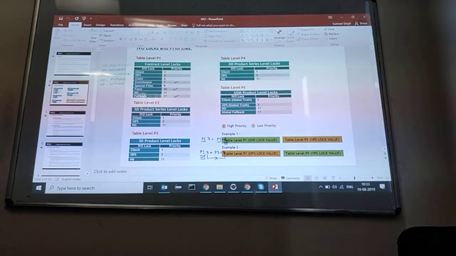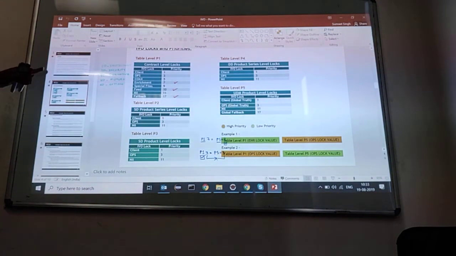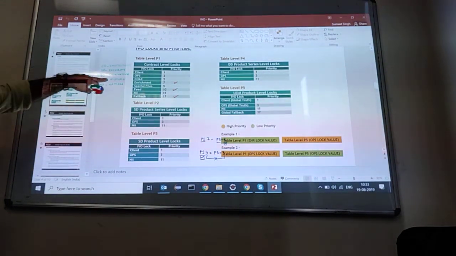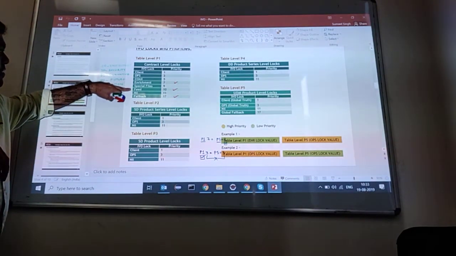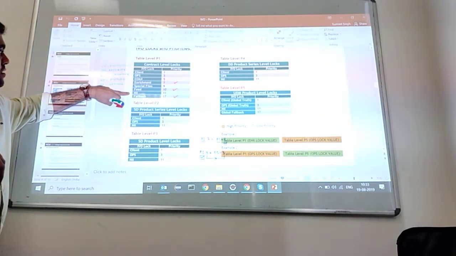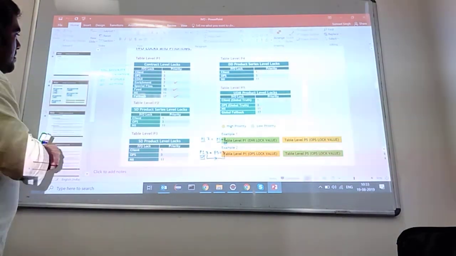It's a manual lock. You can put a fallback lock at product level. So basically, the other locks are client, ops, and nil.